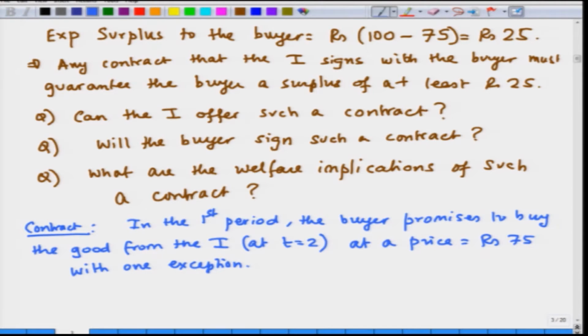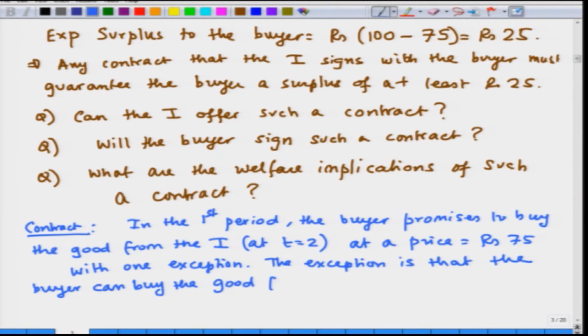The exception is that the buyer can buy the good from the entrant at t equal to 2, right.